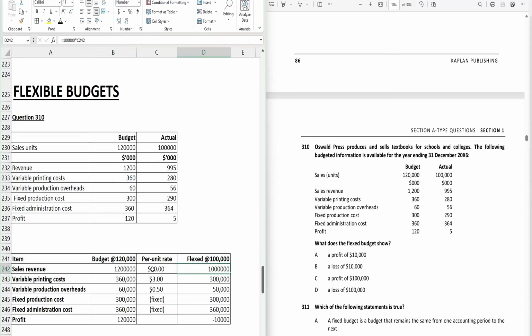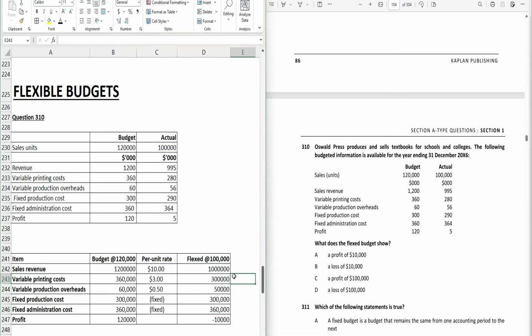And for the rest of the things, I have done the same. As this is fixed, no issue at all. I have just multiplied the 100,000 activity with the per unit figure: again, 3 into 100,000 and 0.5 into 100,000. And for the fixed cost, it's fixed. So now summing all of these, you will get to know that we are getting a loss of 10,000.